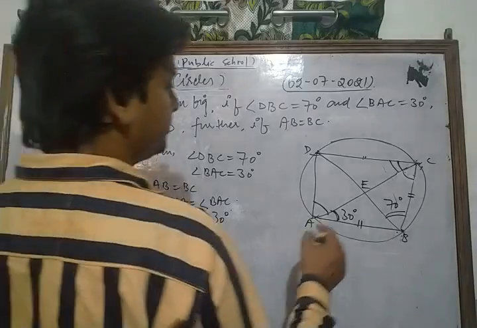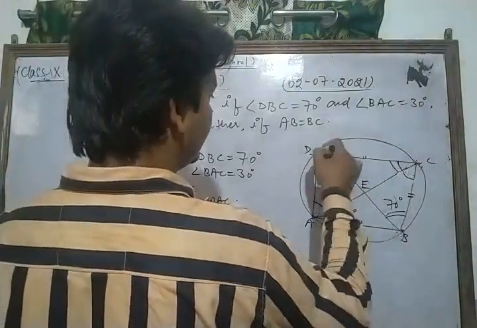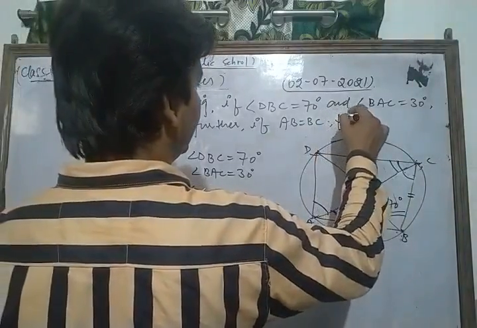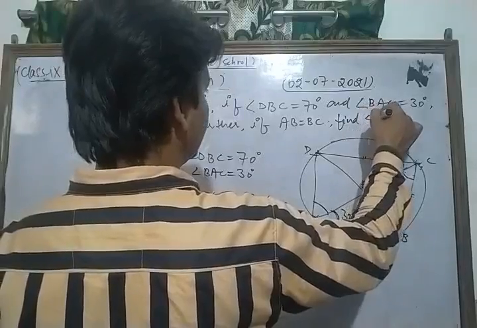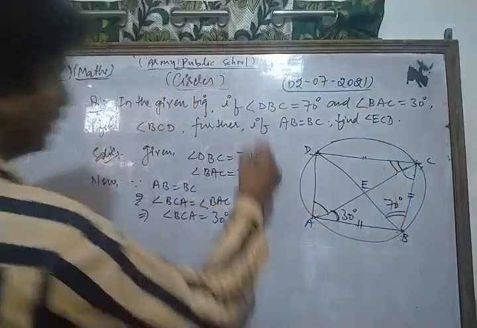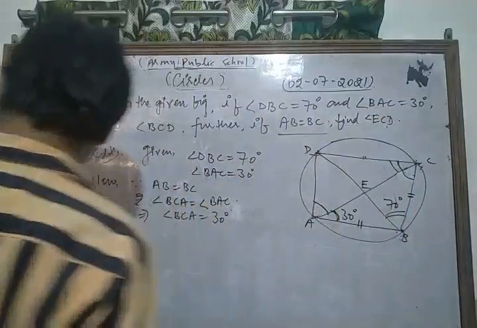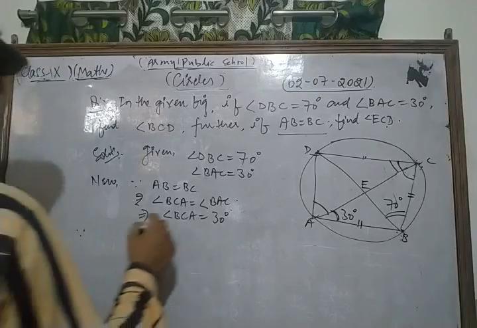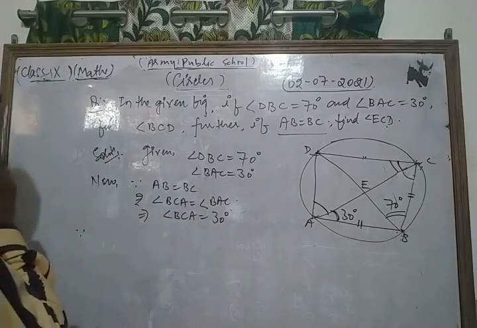We also find angle ECD. Now look here, angle ACB is given as 30 degrees.